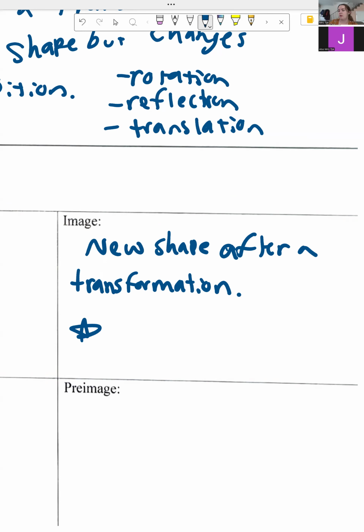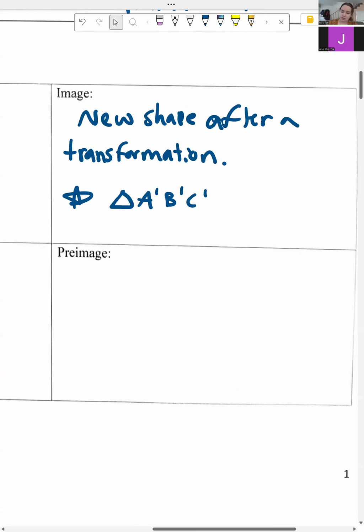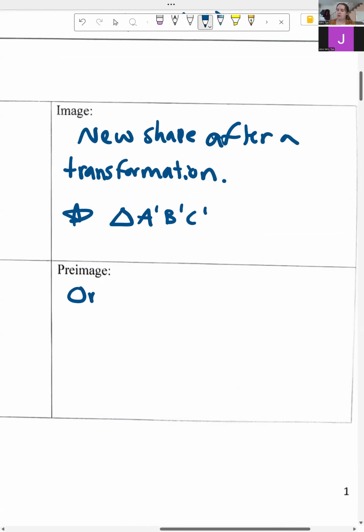Let's say we had a triangle and our original one was called ABC. Then our new transformed one would be triangle A prime, B prime, C prime. So whenever we have a transformation, that little prime, the little apostrophe on top, is what's telling us that it was transformed.